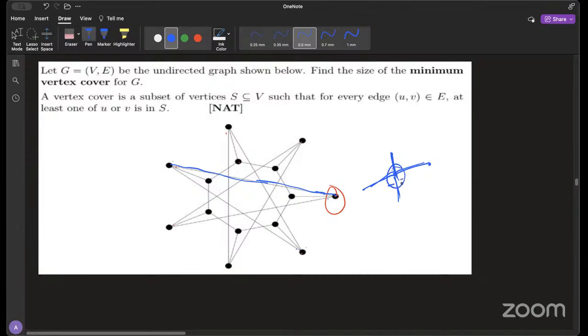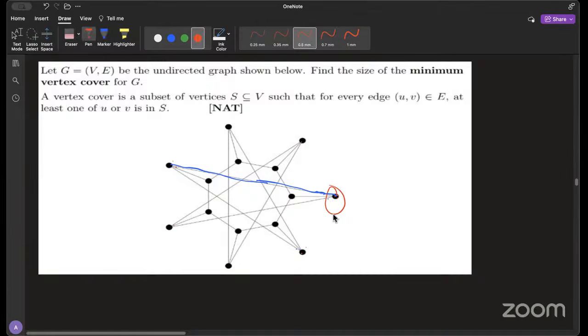Then you should choose this vertex for sure, because it's covering a lot of edges. So try to target the vertices that cover most edges. All of them here are covering only three edges. So in this particular example, that point is of no use, but in most cases it is of use.